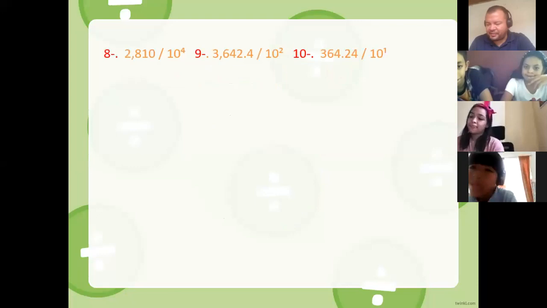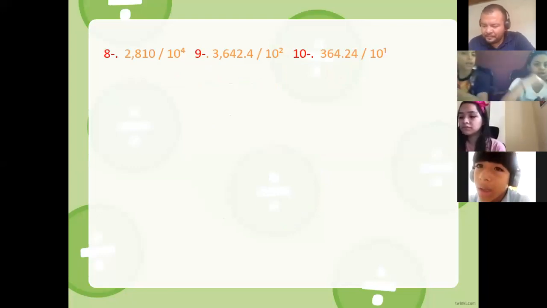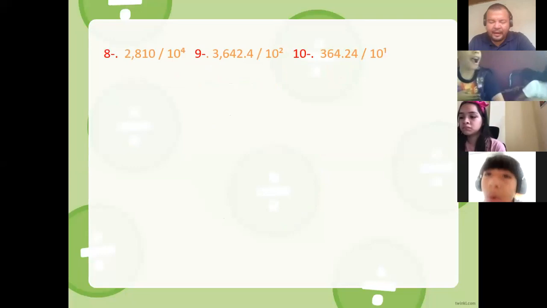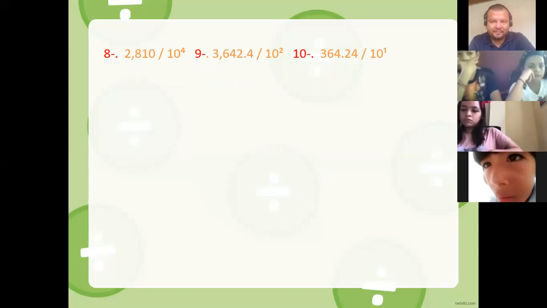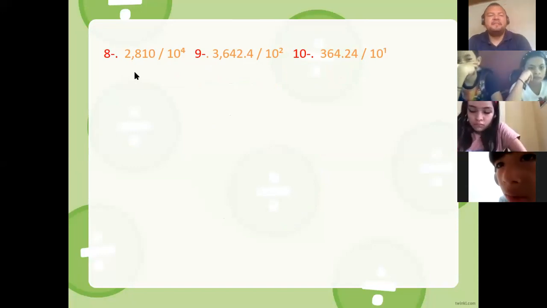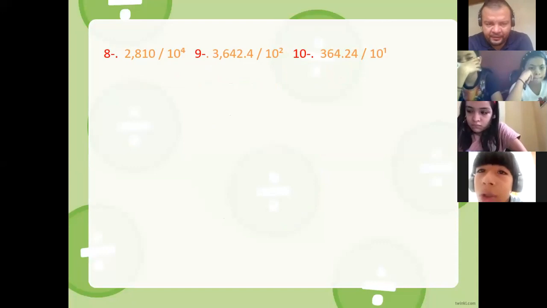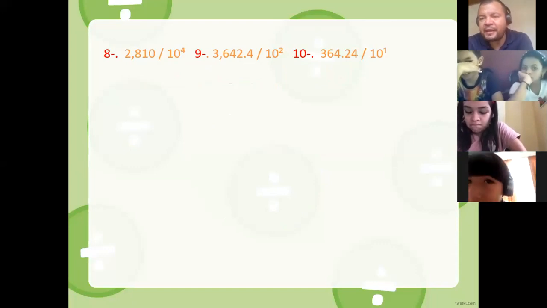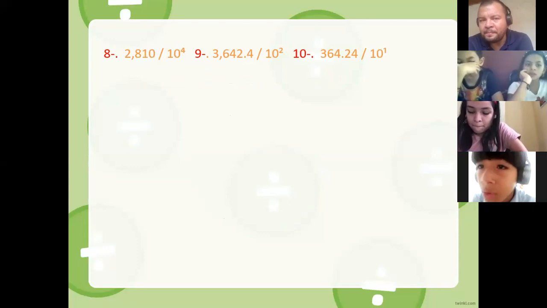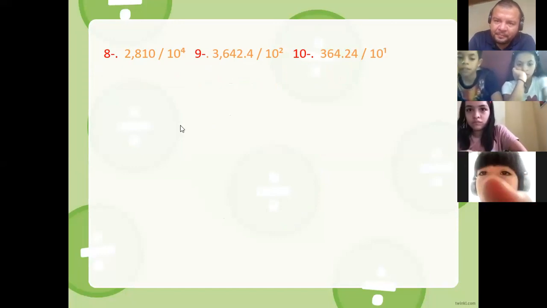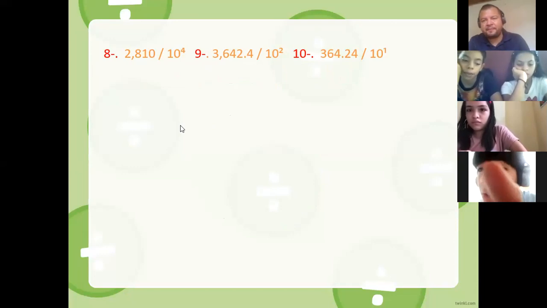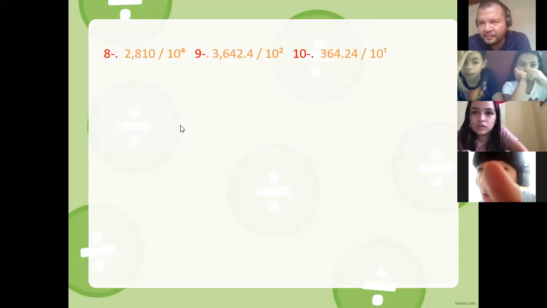Let's see these exercises. Wait, people. Number 8: 2,810 divided by 10 exponent 4. What is your answer? Come on, we only have 10 minutes. Try to do it.